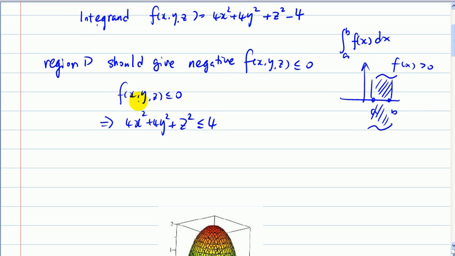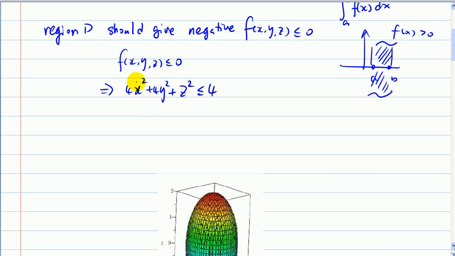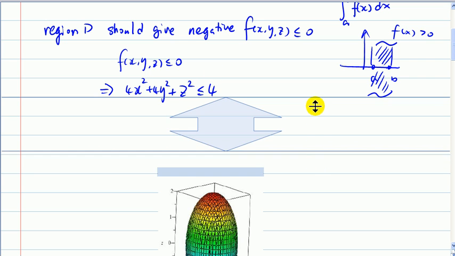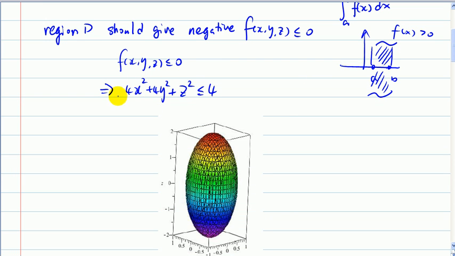This is a range, and the range tells you that x, y, and z satisfy this less than 4. This is the region D that you're looking for. If you use Maple to sketch this inequality, the equal sign gives you this surface, which is like a football.